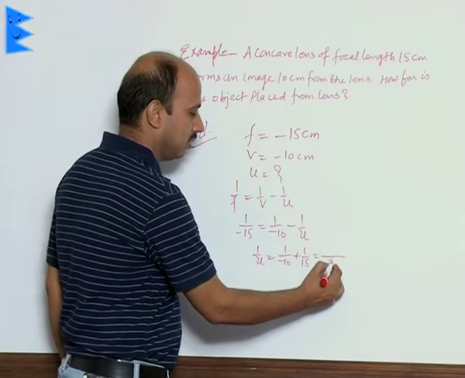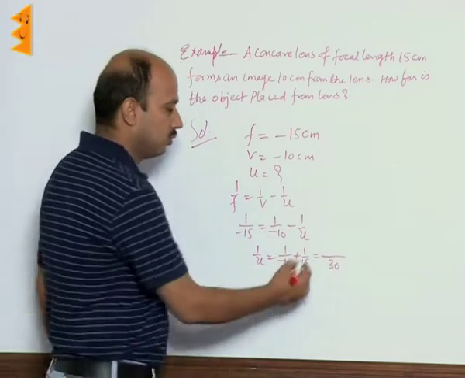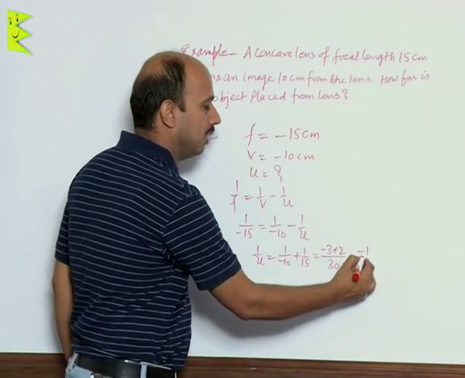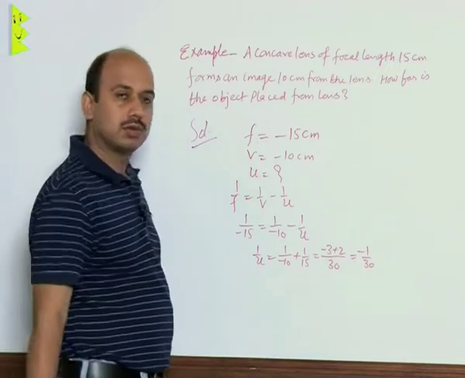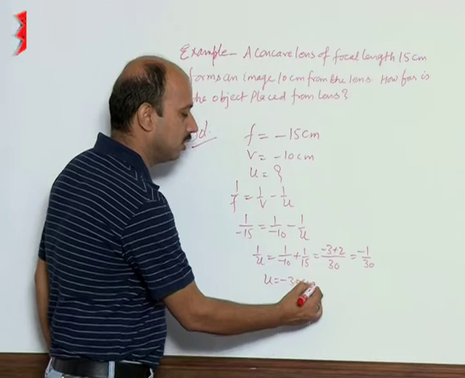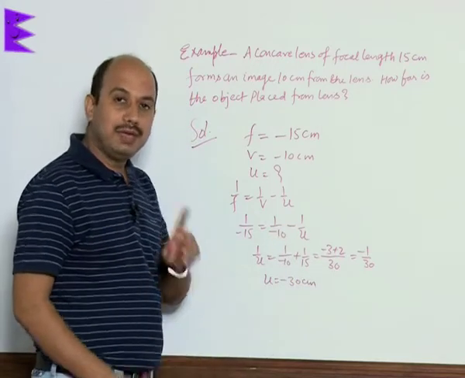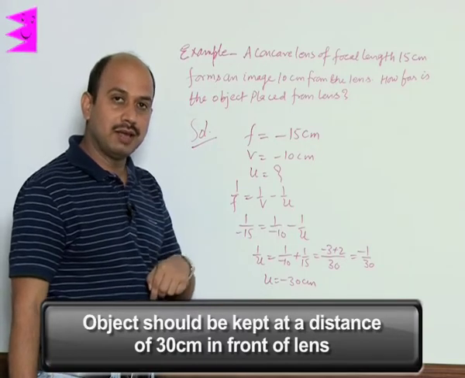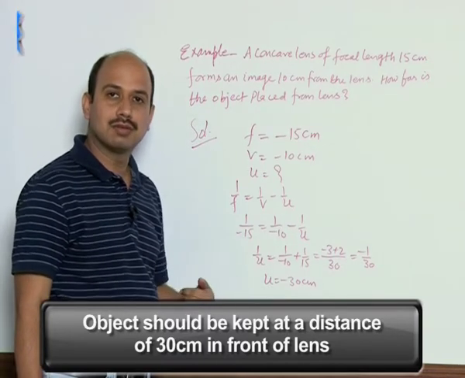LCM is 30. So, minus 3 plus 2, that will be minus 1 upon 30. So, you can write U is equal to minus 30 centimeter. It means the object should be placed at a distance of 30 centimeter in front of the lens.